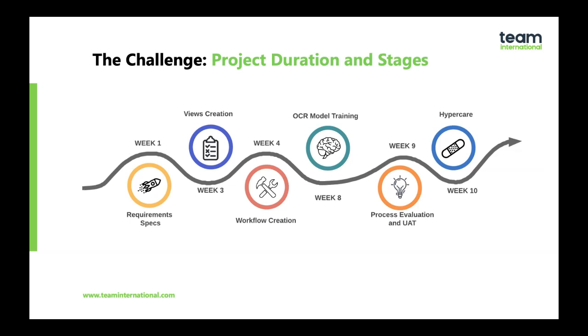As mentioned before, we are talking about 2.5 months, while these kinds of solutions, where we have to create multiple screens, receive and process documentation, and train the OCR model, tend to go more for 6 months or 24 to 30 weeks. So we are talking about a reduction in effort and delivery of approximately 60%.